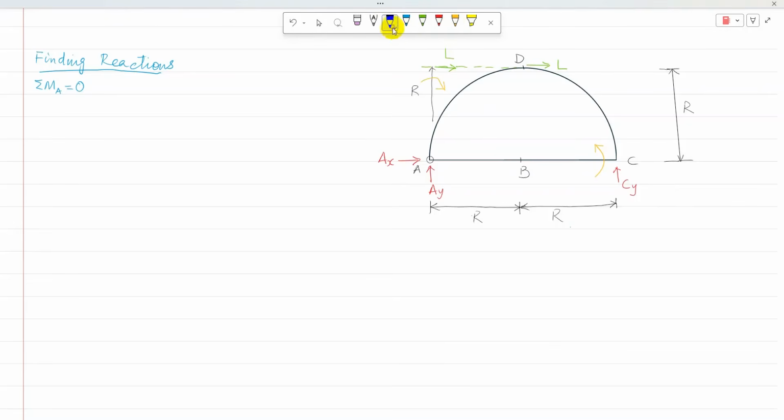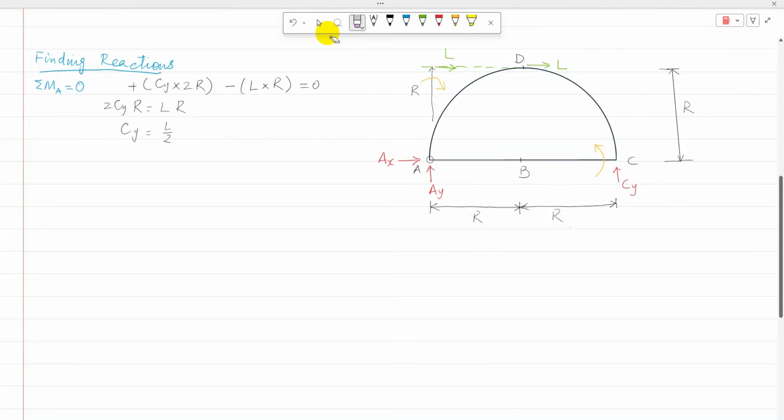Assuming anti-clockwise as positive and clockwise as negative, the moment due to Cy is Cy times 2r, minus L times r, equal to 0. So 2Cy r is equal to L r, and Cy comes as L over 2.